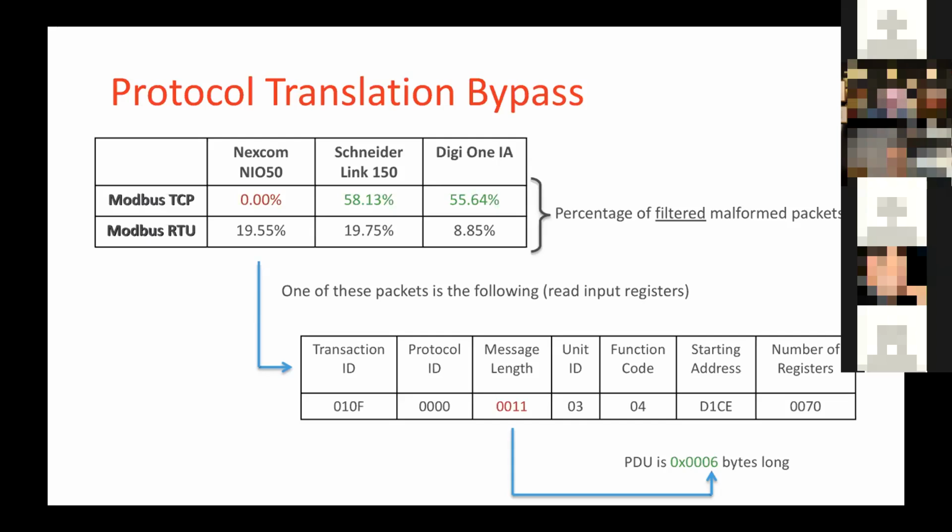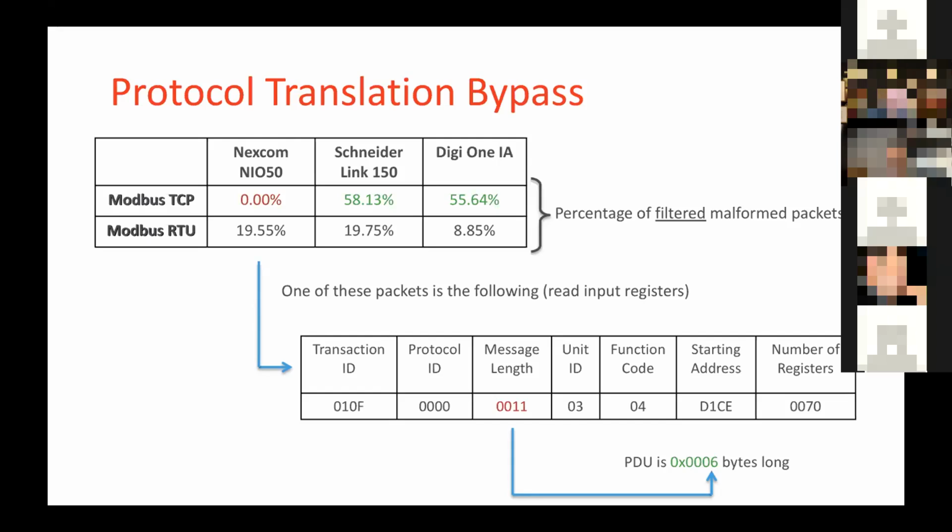So one of the interesting aspects is this packet down below, and I'm going to go into a bit more detail. It has an incorrect message length, and it would send that packet as is to the PLC. Now, if the PLC doesn't recognize the packet, it would probably just drop it or ignore it.